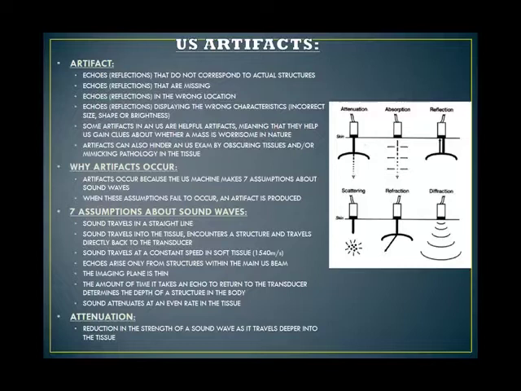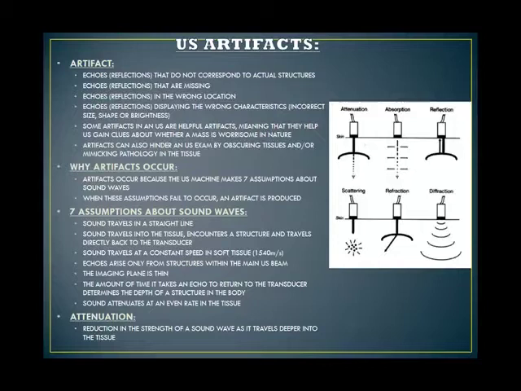And then the amount of time it takes an echo to return to the transducer, the ultrasound machine times that and then says, the time it took tells me how deep that structure is in the breast, which is great, but that also goes back to sound traveling at a constant speed in soft tissue. That doesn't always happen.